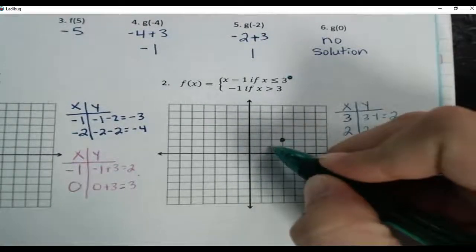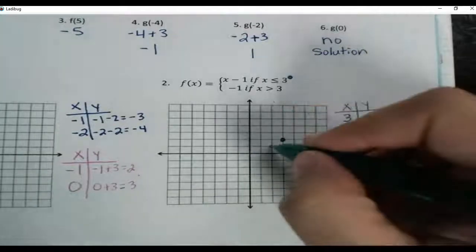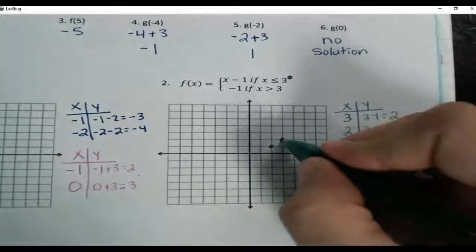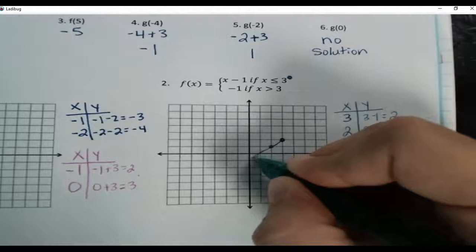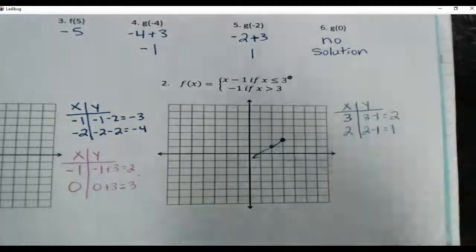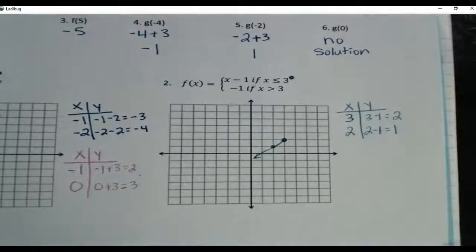So 2, 1 is here. So we're going this way. Questions?